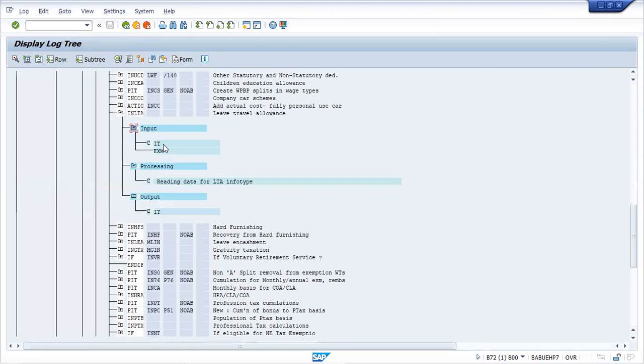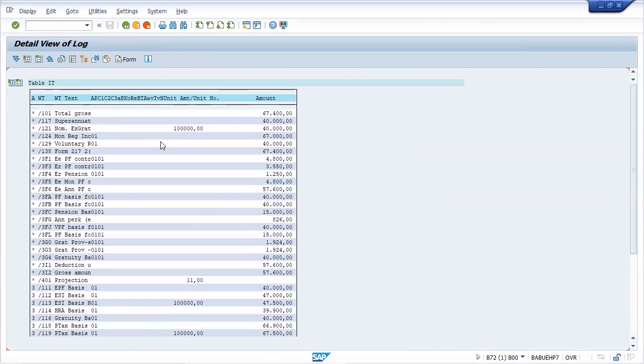The IT table? Yes, IT. Are you seeing anything else? I'm searching LTA again.